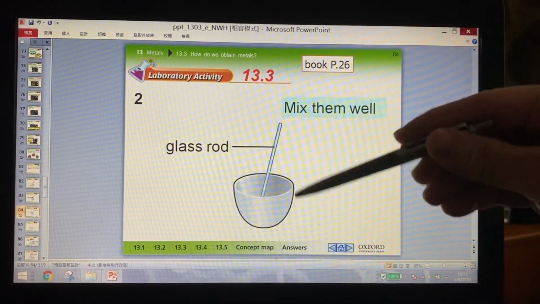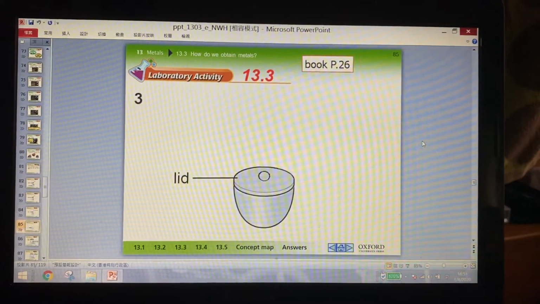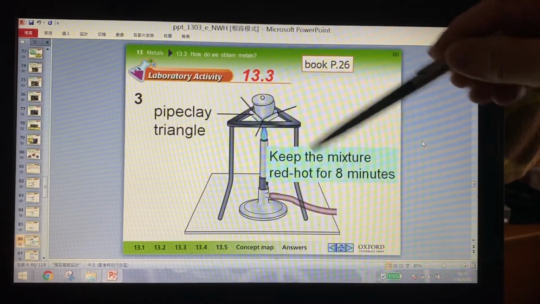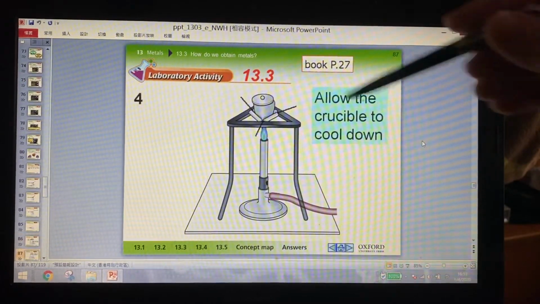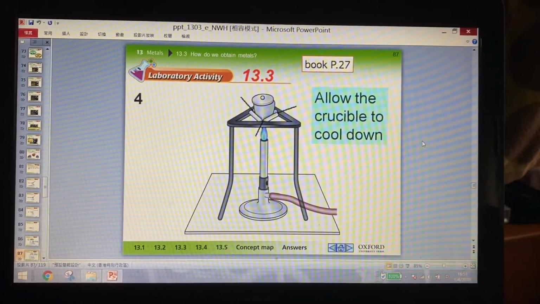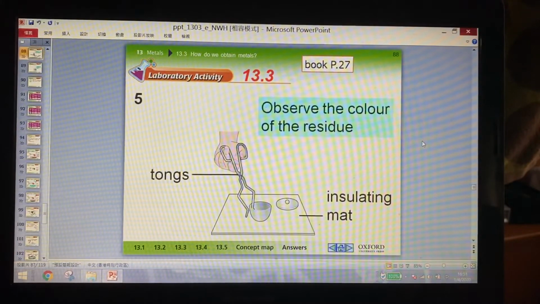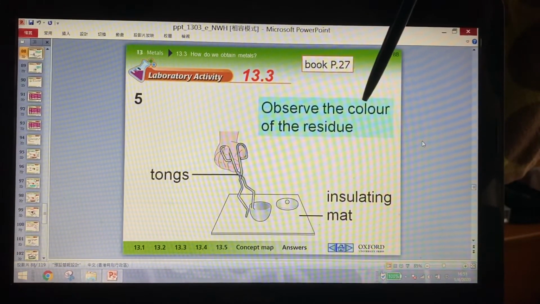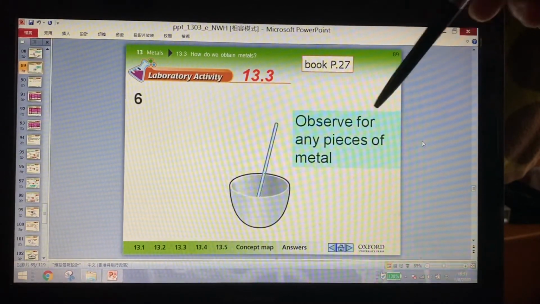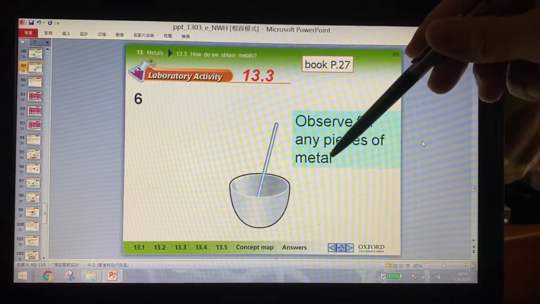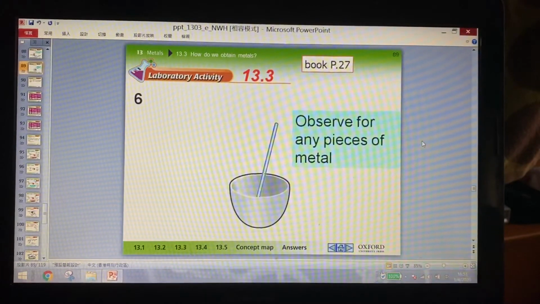We mix them well, and then we heat for around 8 minutes. And then we take a look after the mixture has cooled down. We observe the color of the residue, and we observe whether any pieces of metal are left inside.